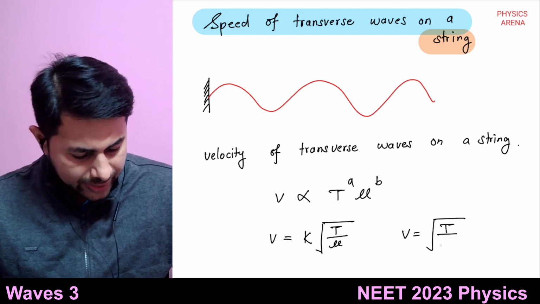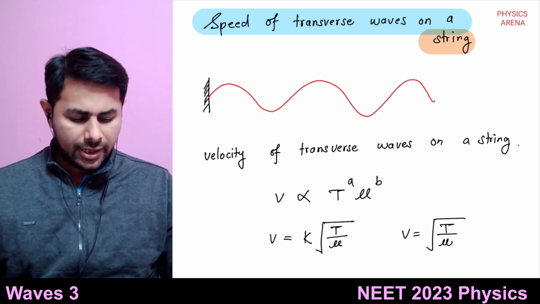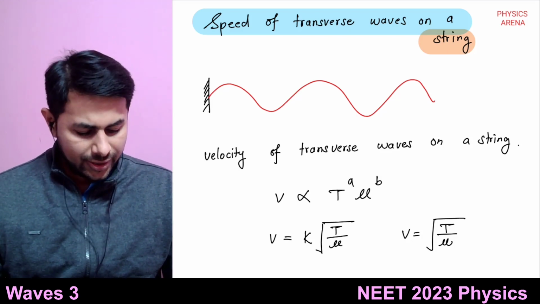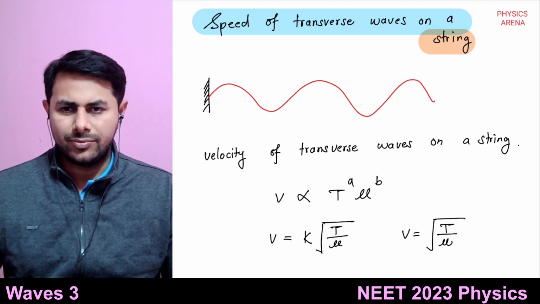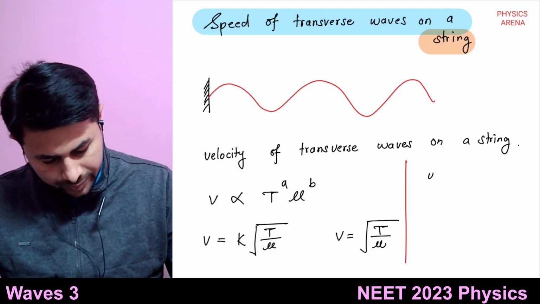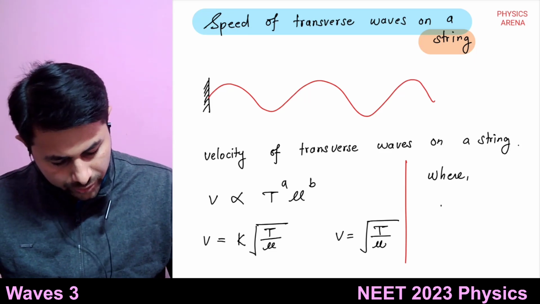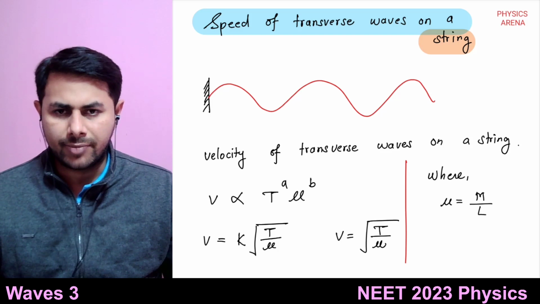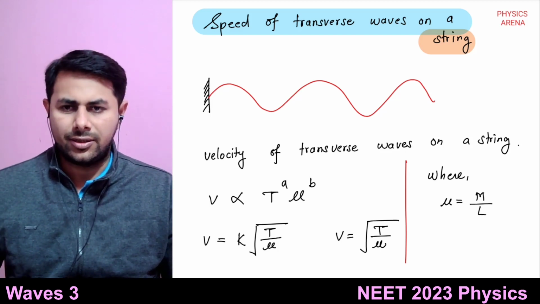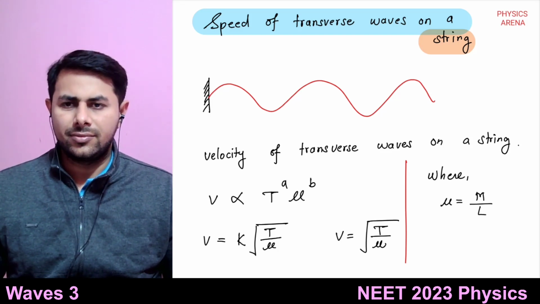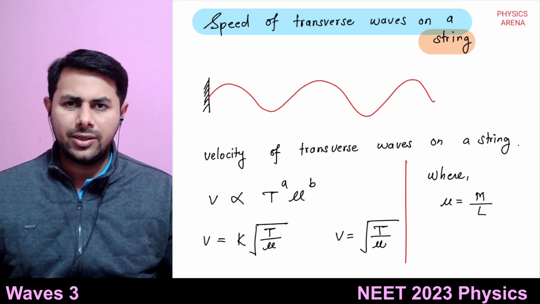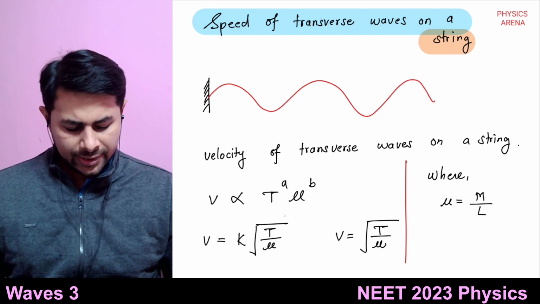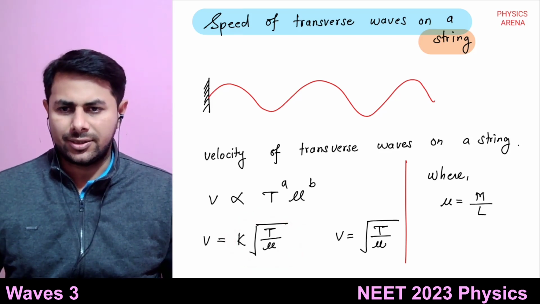So the velocity of transverse waves on a string is equal to the square root of T by mu, where mu is equal to m upon L. M is the mass of the string, L is the length of the string. The derivation of this formula is not in our syllabus, but we can find this using dimensional analysis.